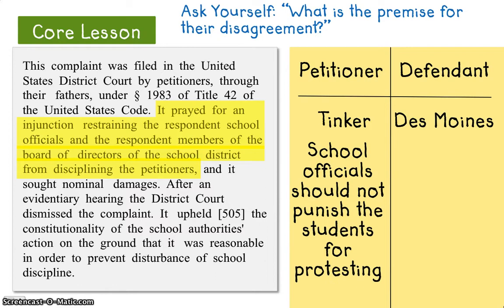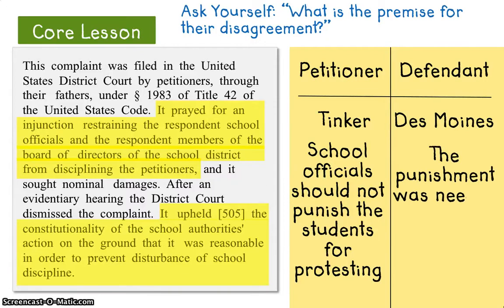This is a right that they are entitled to by the First Amendment. And the district court did not agree. They actually upheld the constitutionality of the Des Moines School District. It says here that the school authorities' action was reasonable. They felt that the punishment was needed for school safety. School safety was more important than the rights of the students to protest.